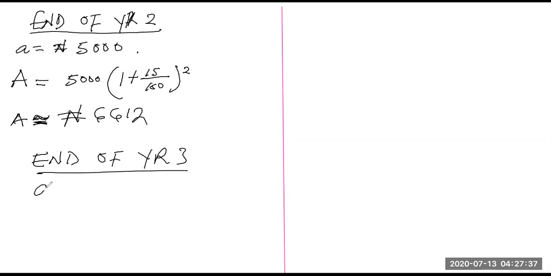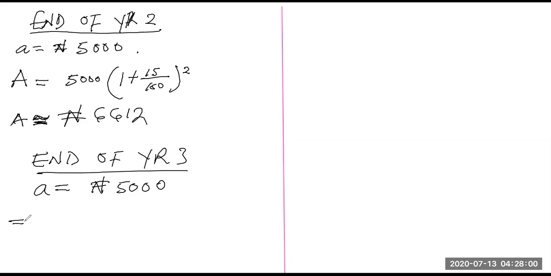An annuity will come in again at the end of year 3, which is also 5,000 naira. Since it came at the end of year 3, and the person wants to carry out a huge project at the end of the 4th year, he can only compound this money for 1 year.